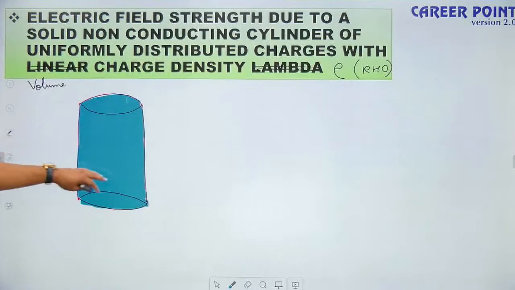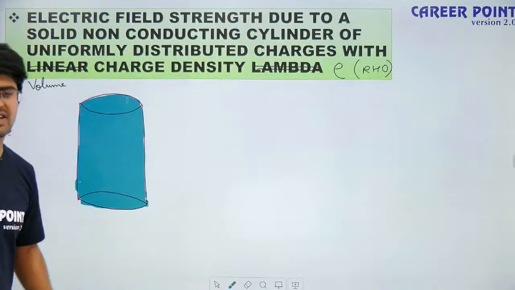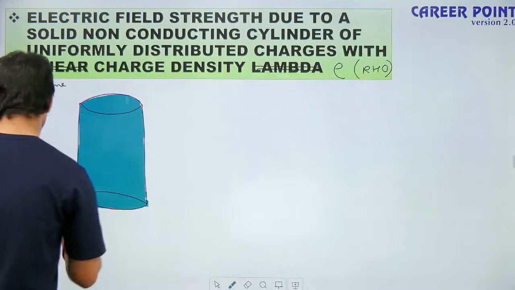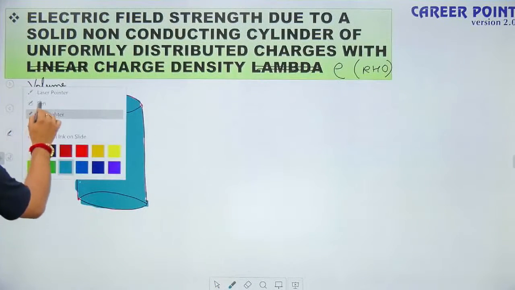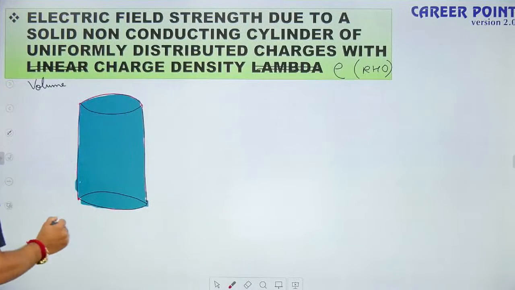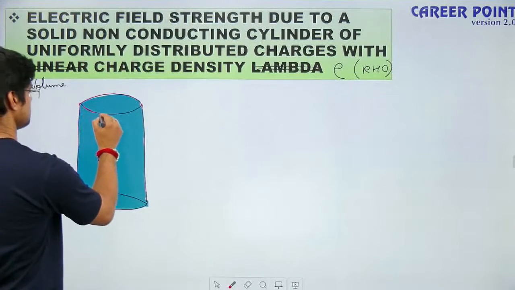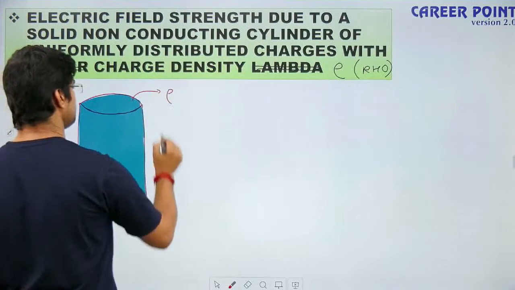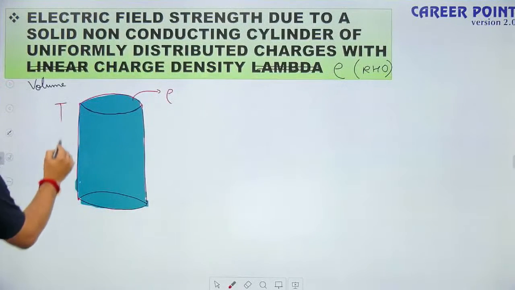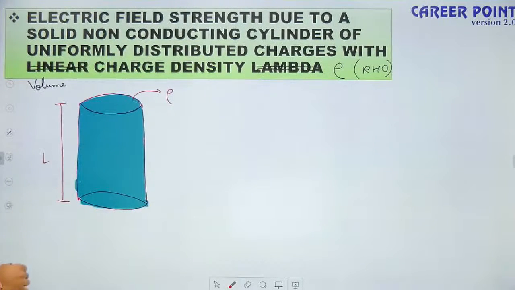So all over the non-conducting cylinder, charge is present. Let's say the charge density will be given by rho, charge per unit volume. Let's say the length of the cylinder is capital L.